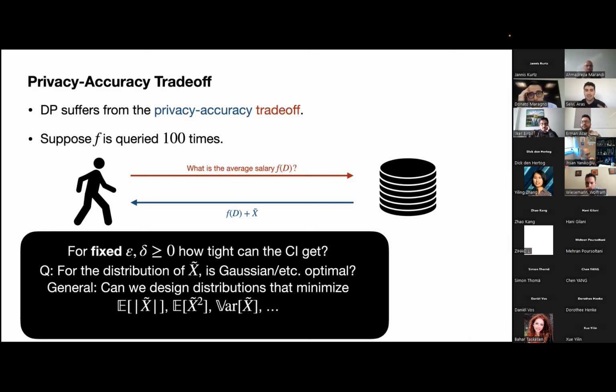In general, can we design distributions on x tilde so that we minimize some sort of loss over the expected value? The loss that x tilde's distribution has, for example, the expected absolute value of this noise. Okay, so overall, we would like to fit a distribution which ensures differential privacy while minimizing a loss function.